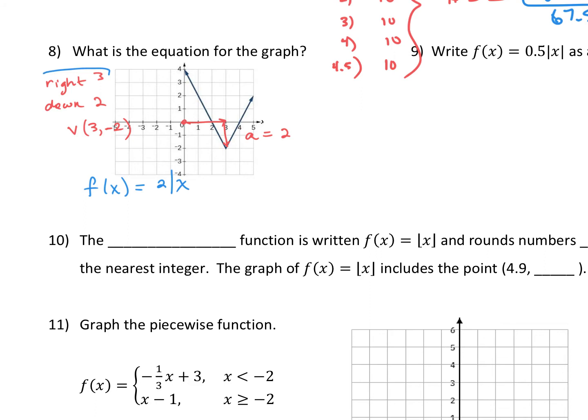Well, we went to the right 3, but remember, this is going to be your x, which is tricky. We've got a tricky x. So should we say x plus 3 or x minus 3? Because it's a tricky x, we're going to say x minus 3. On the end is where we put any vertical movement. We went down 2, so we're going to say minus 2 on the end. And that's the equation of the graph.